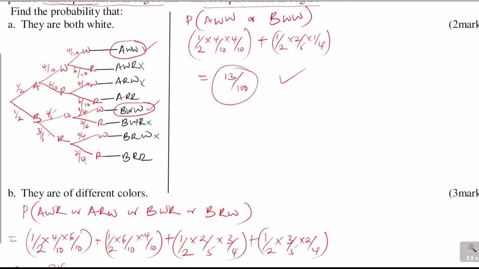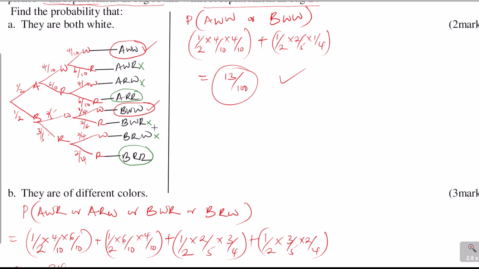So where don't we have a white ball? We have this one, red, red. You can see that, red, red, from A and from B. That is what we need.